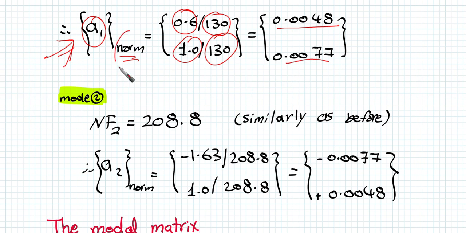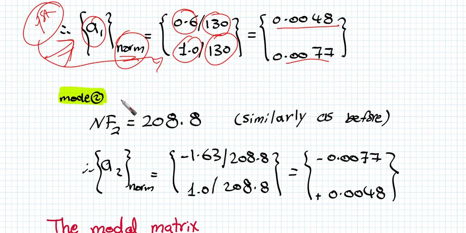So this is the normalized first mode shape. In a similar fashion, we are going to obtain NF2 for mode shape number 2. You are going to find that it equals 208.8.